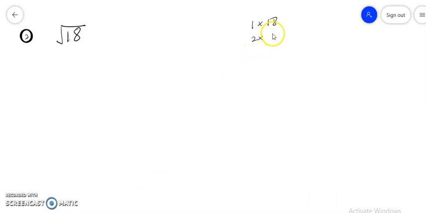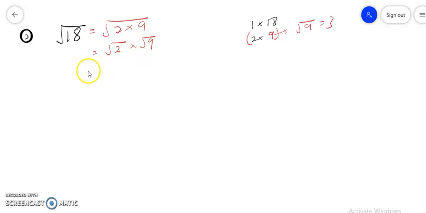We can select this pair because the 9 here, we can square root the 9 to become the 3. So we are going to substitute over here inside 2 multiply with 9, and we are getting square root of 2 multiply square root of 9, which will result in 3. So here will be 2 multiply with 3, and your answer will be 3 square root 2.